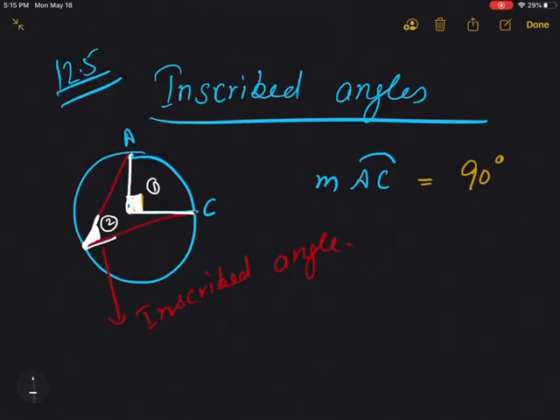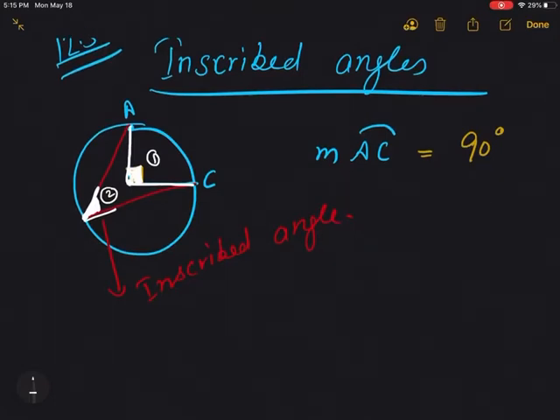What's the relationship? The central angle is always the same as the arc measure. But what about the inscribed angle? Let's say this is angle B. Angle B would always be half of the measure of this arc AC.